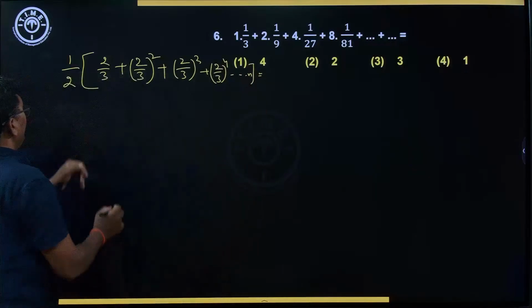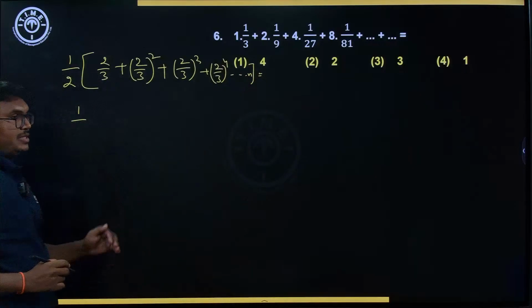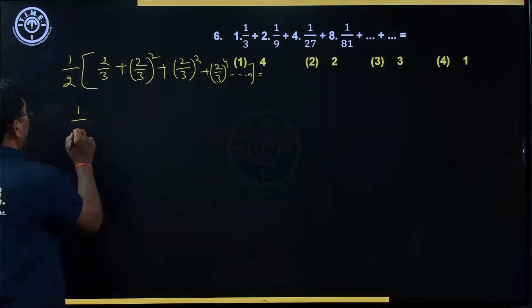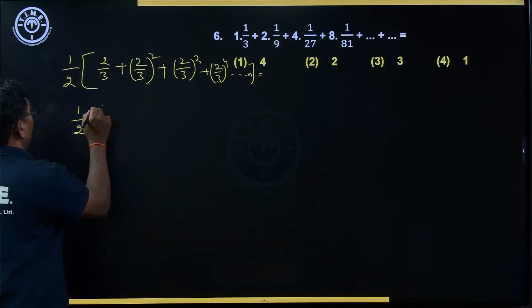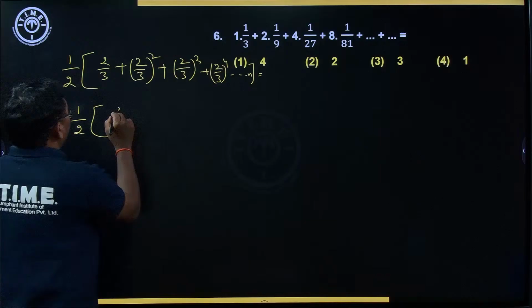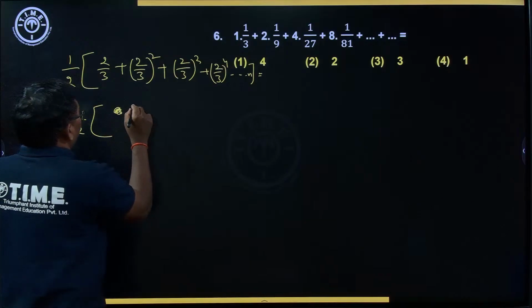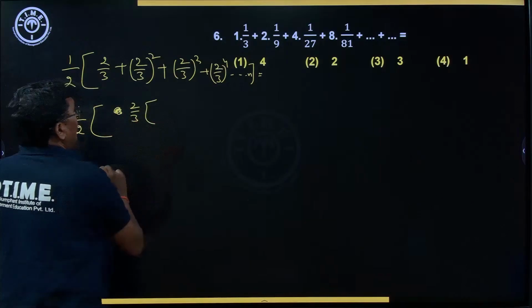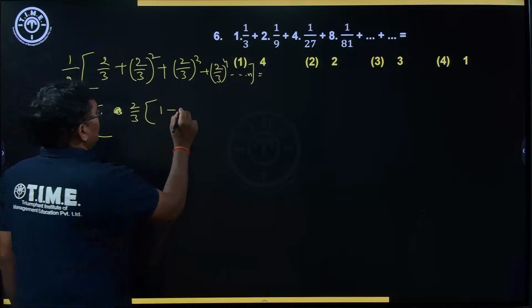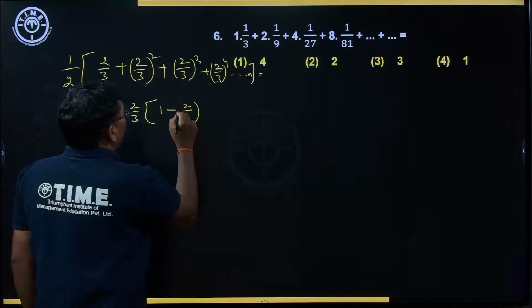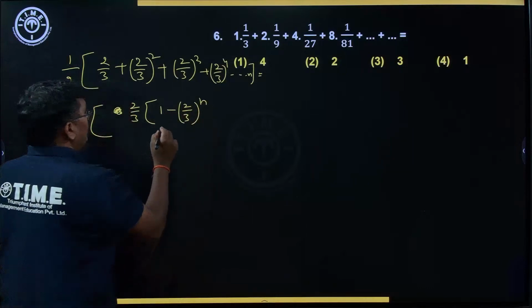So here a is 2 by 3 and r is 2 by 3, which is less than 1.